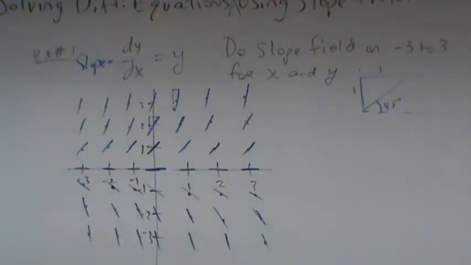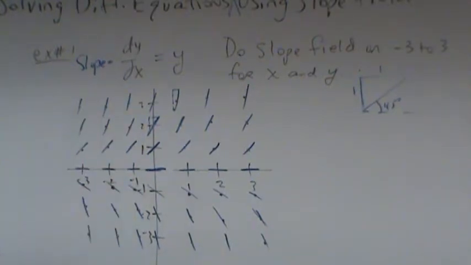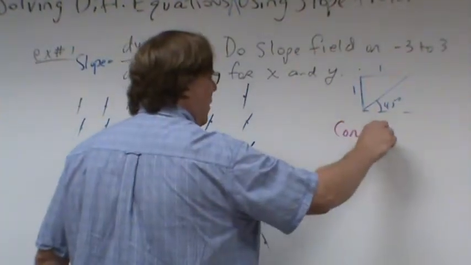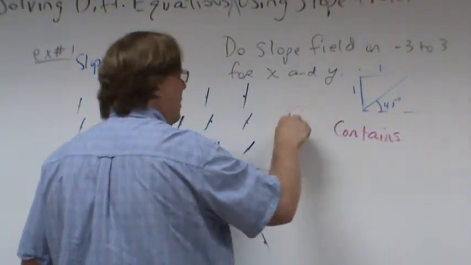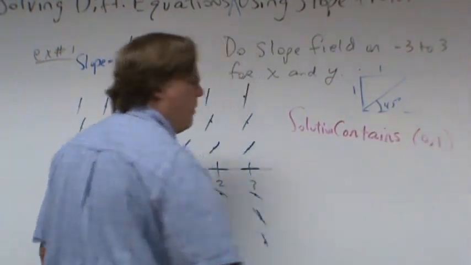So now, what if someone told me my initial value problem was this, an expression for the slope, and my solution contains the point 0, 1.